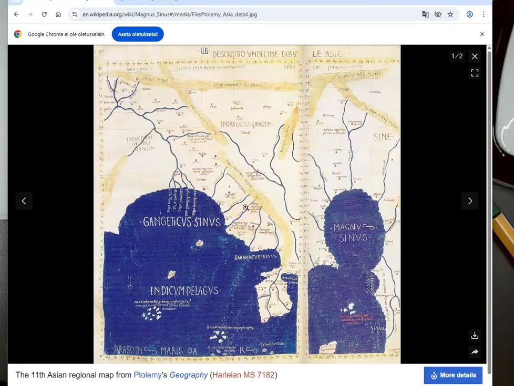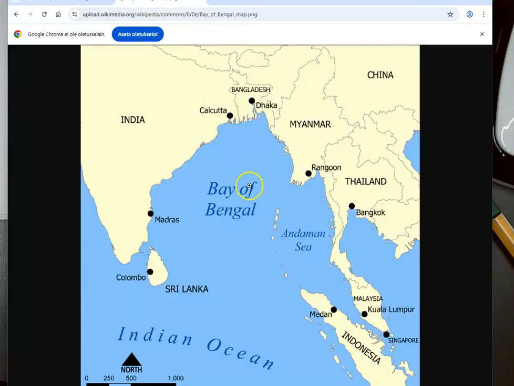Many of my students in the online course and also in the campus course are from India or countries near India, Bangladesh and Pakistan and so on. And here's an old map of the place, it is the Bay of Bengal, I guess the name is nowadays. Here I think it is a more modern map, Bay of Bengal.